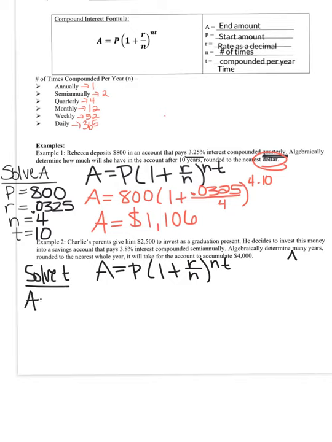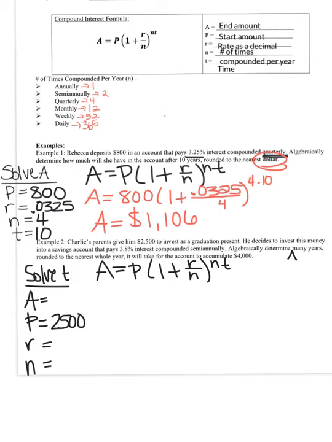So we plug something in for A, for P, R, and N. Again, the reason why I like to do this on the left side is that way it gets rid of the word problem, so you don't have to worry about all the wordiness that's above it. Once you have everything, you just plug it right in. So Charlie is starting off with $2,500.